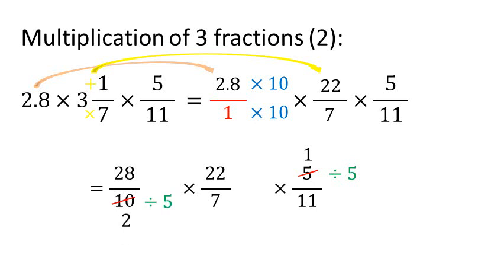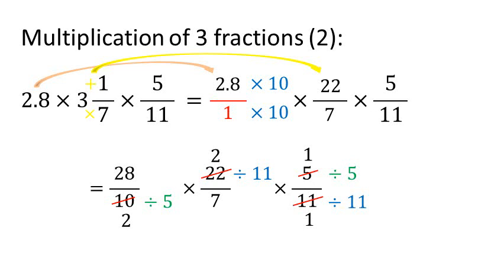We see the numerator 22 and the denominator 11 have a common factor of 11. So we can divide 22 by 11 to get 2. And 11 divided by 11 to get 1. We can also see the numerator 28 and the denominator 7 have a common factor of 7.